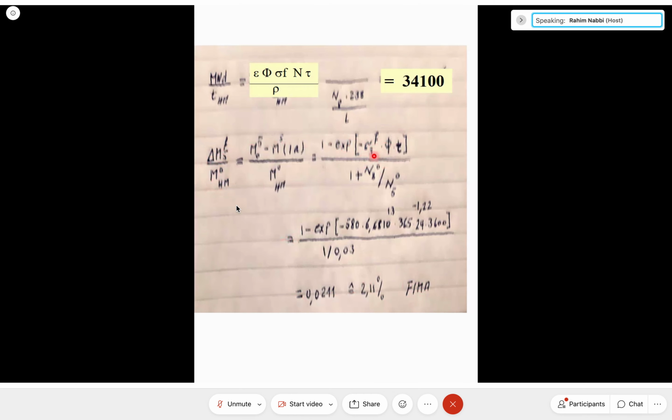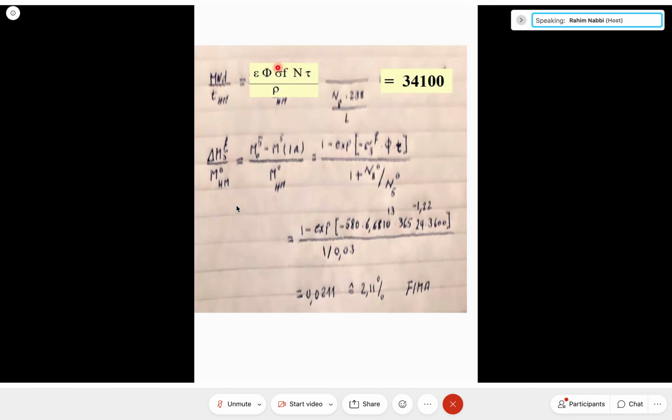Now we go back to the other case, the other unit, megawatt day per ton heavy metal. How to get it? As the factor says, megawatt day. That means we have to take the number of fissions, you see here, phi by sigma_F by N, number density.